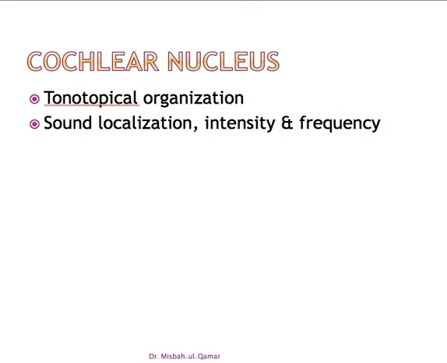Now, I will tell you about the pit stops the auditory fibers make on their way to the final destination. These stops are at the levels of cochlear nuclei, superior olivary complex, nuclei of lateral lemnisci, and inferior colliculi, then come medial geniculate bodies, and finally the auditory cortex.